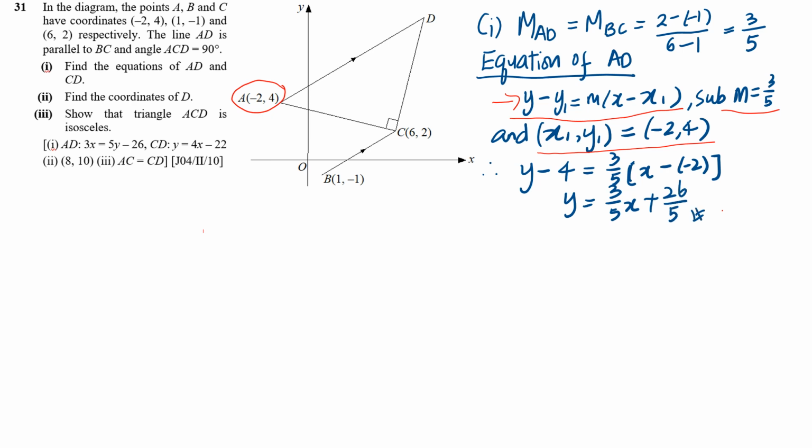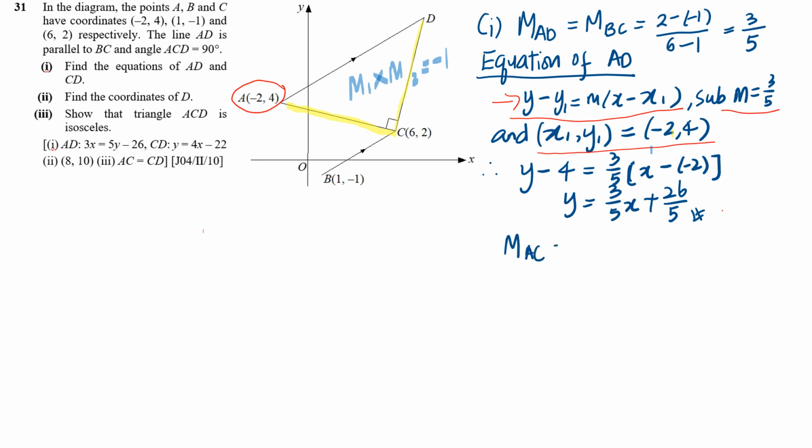The next thing is to find the equation of CD. If you look at the line CD, it is perpendicular to the line AC. So you can apply this concept here, which is m1 times m2 equals -1. m1 is the gradient of DC, m2 is the gradient of AC, or vice versa. Both gradients multiplied give you -1. If you look at this diagram, obviously we can find the gradient of AC because you have 2 points on the line AC.